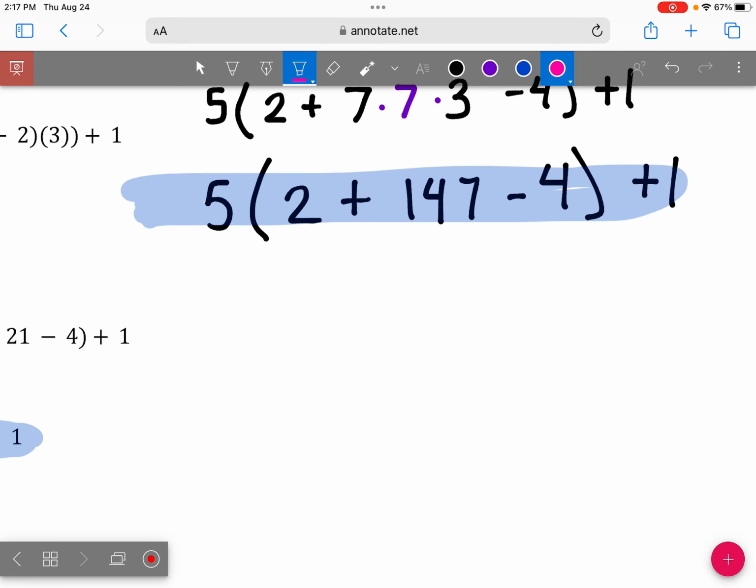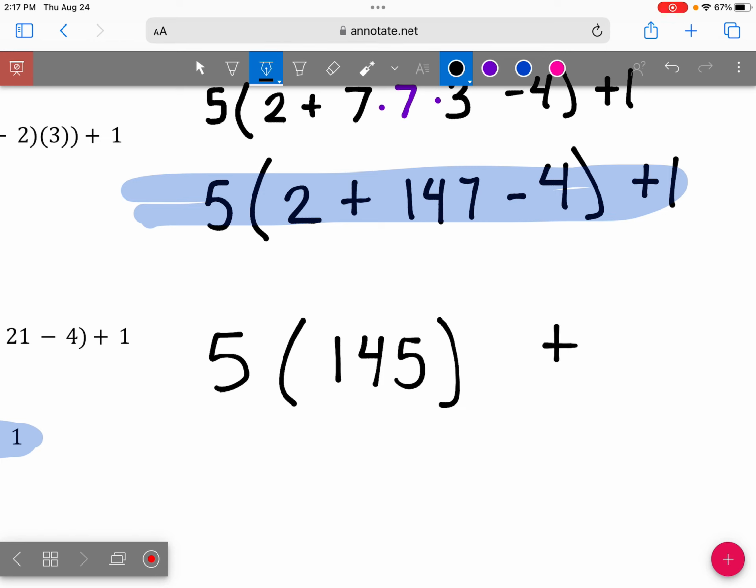So let's keep going with our simplifying. Let's simplify what's inside the parentheses. We have, helps if I use a pen, 5 times (2 plus 147 minus 4) gives us 5 times 145, plus 1.